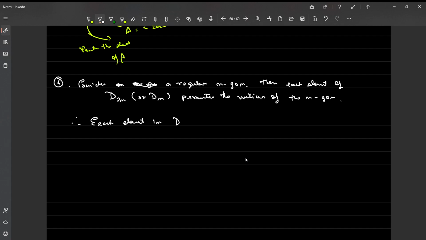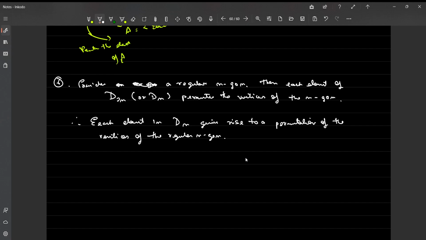Therefore each element in D_n gives rise to a permutation of the vertices of the regular n-gon, right?